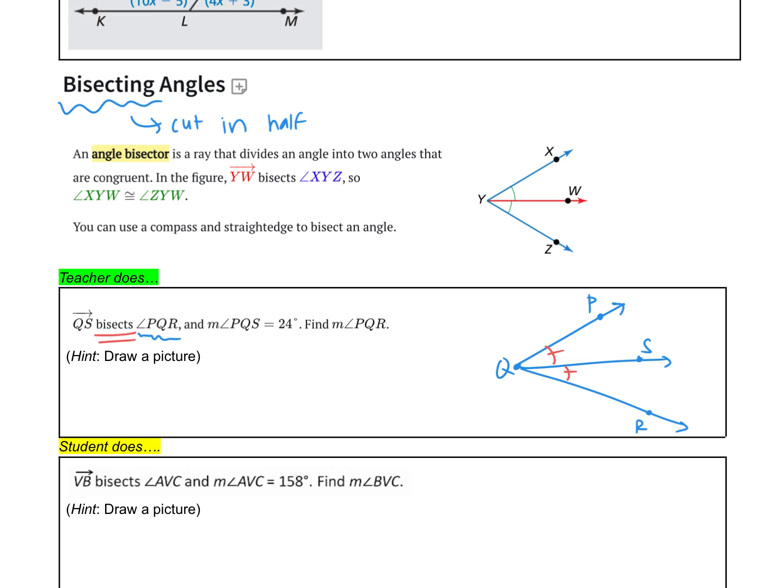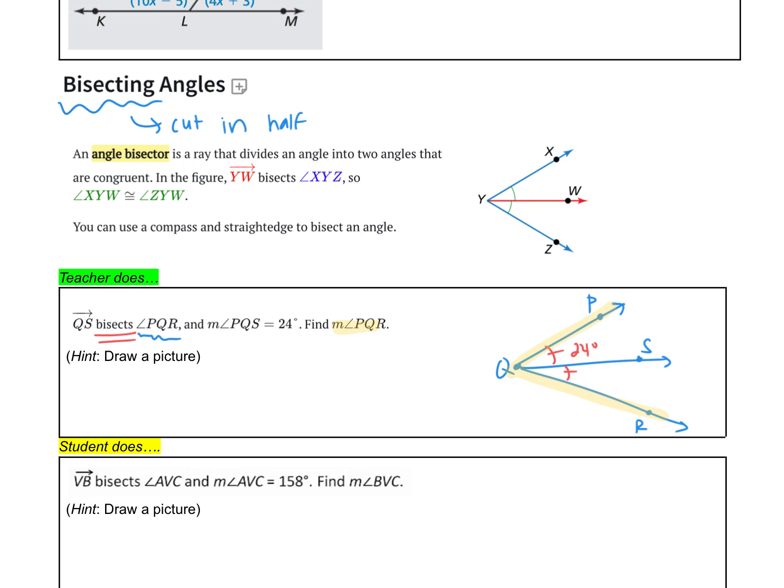And then angle PQS. Looking at my figure, PQS, it's this one at the top. That is 24 degrees. We need to find PQR. So PQR, this angle, PQR is the whole thing.